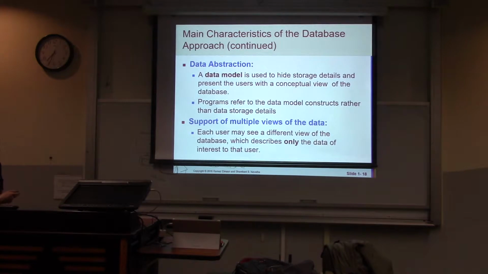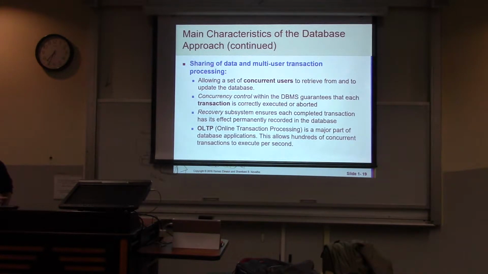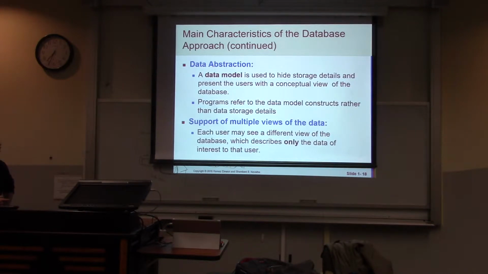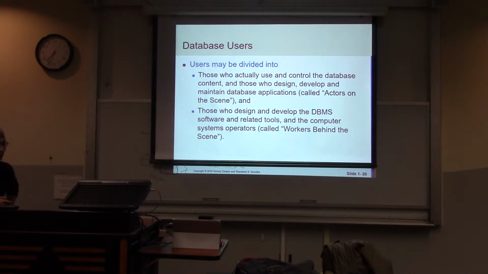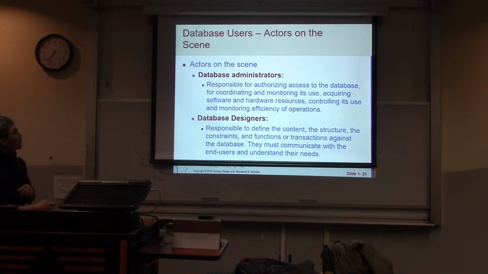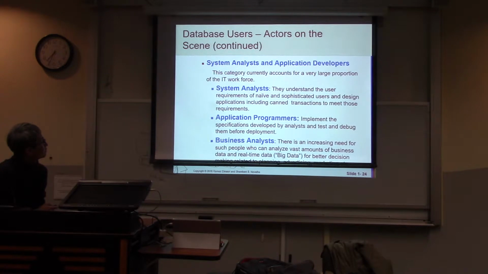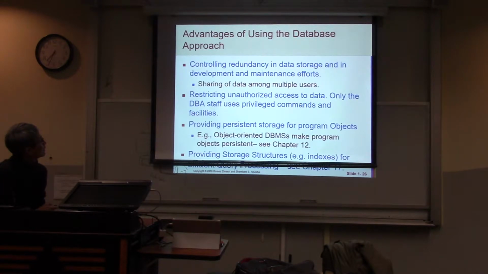And that is called data abstraction. And it definitely supports multi-user and multi-view systems. Those are the characteristics of the database. You don't have to worry about the types of users.